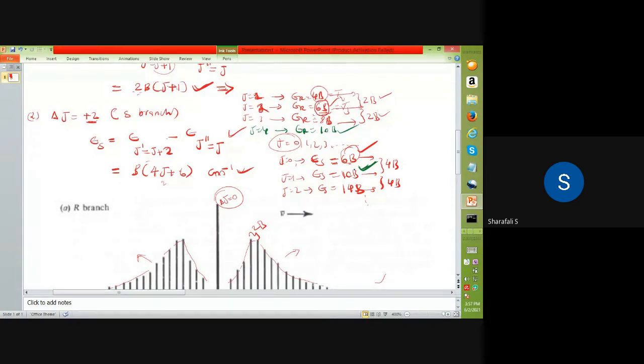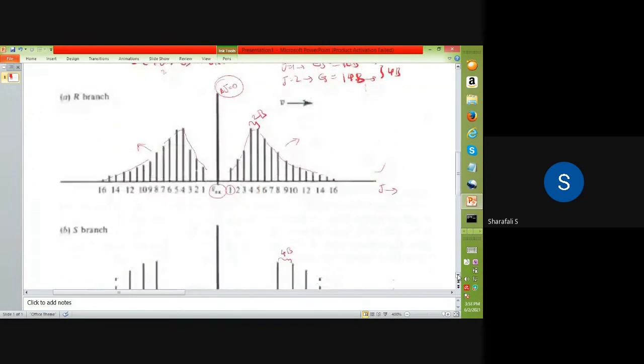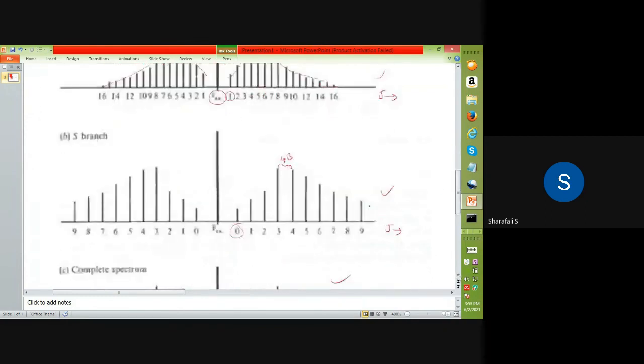So from the S branch, similarly for the R branch also, both of these have the frequency at the same position, the same wave number. Okay, so these two frequencies will coincide with each other at that position, and the resultant intensity will be larger at that particular position.